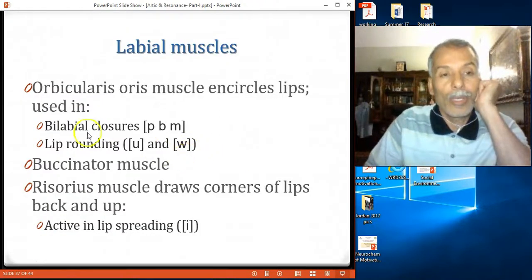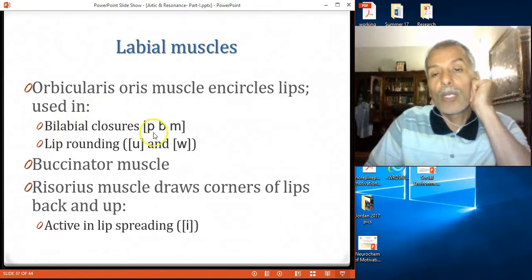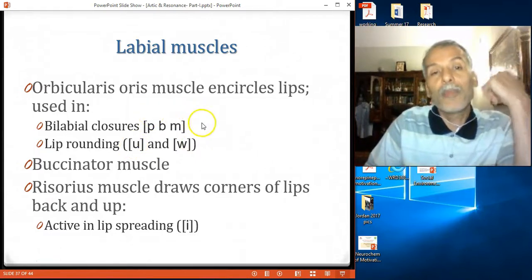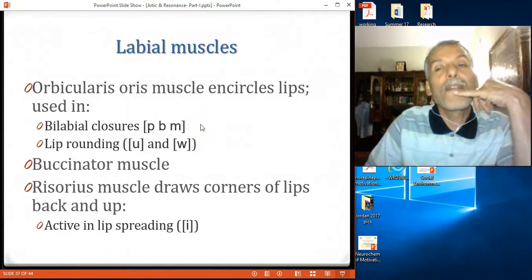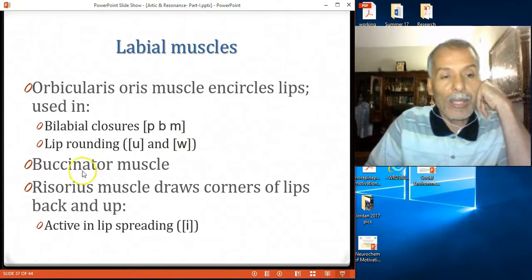So the orbicularis is required for making all bilabial sounds like p, b, m, or all labial sounds like w, u, or like labio-dental, f, v.